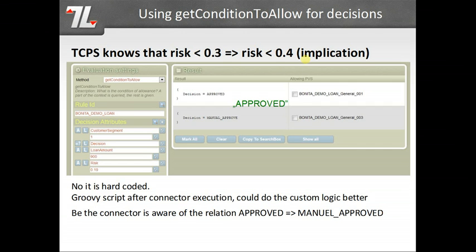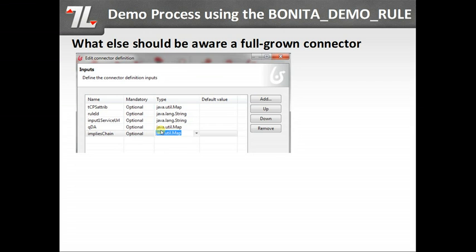I come back in a minute to how this could be done. This is the connector definition input in Bonita. Thanks to the separation of connector definition and connector implementation in Bonita, it is possible to use the same implementation for many connector definitions.